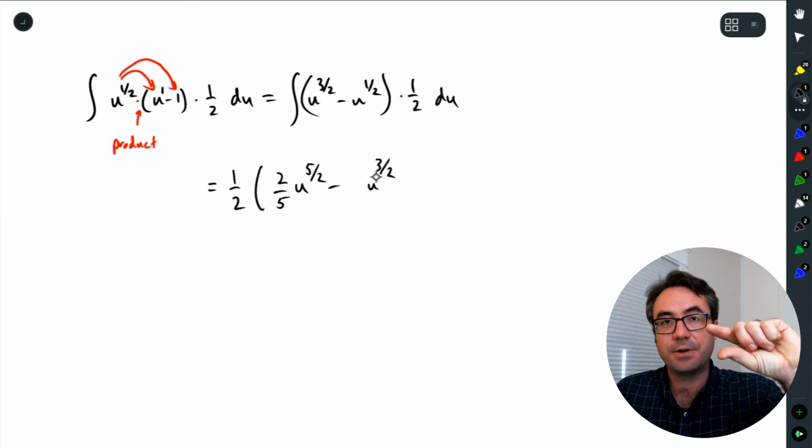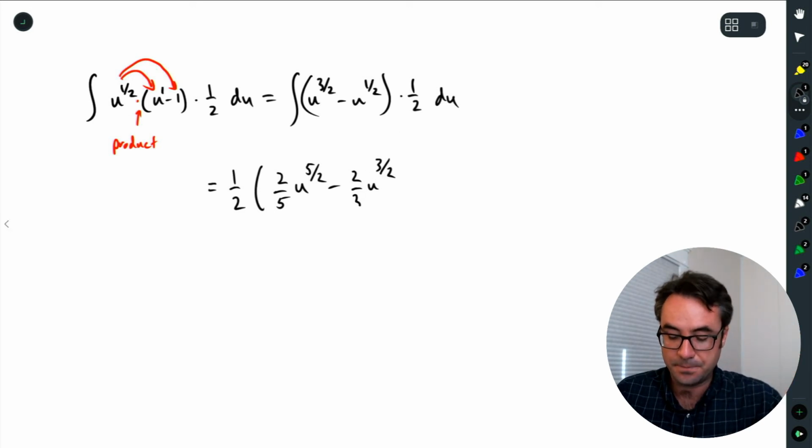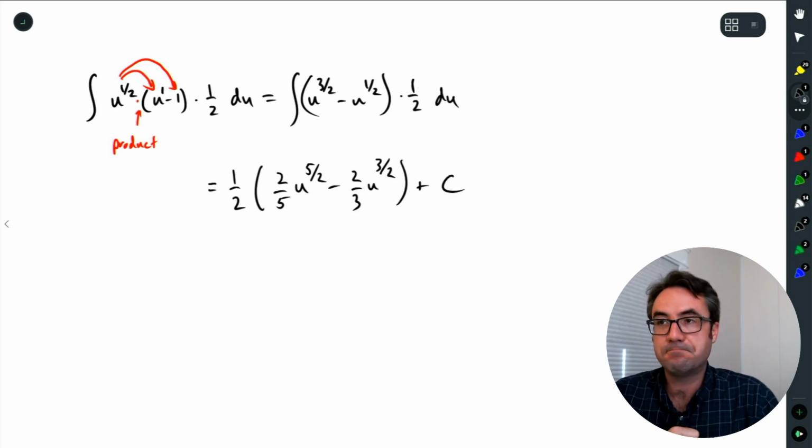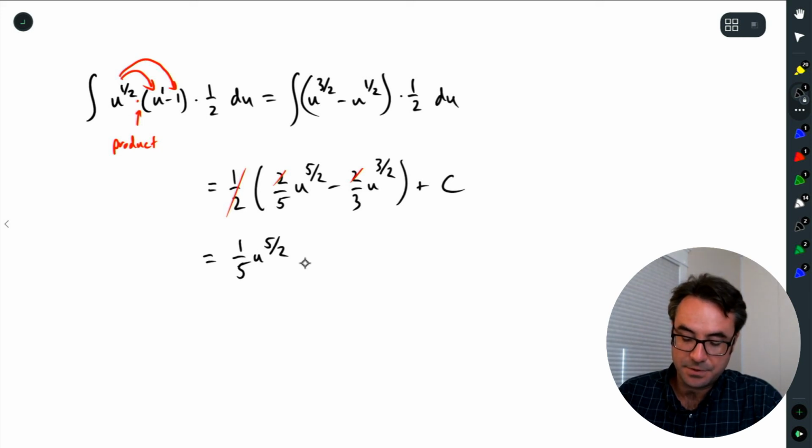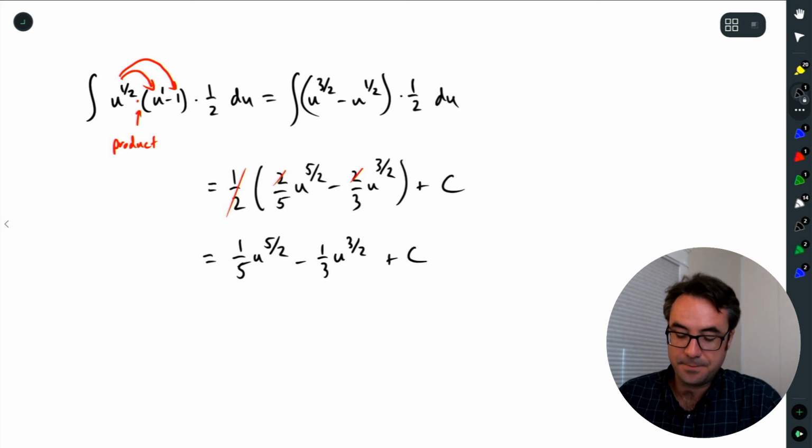Take that new exponent, flip it, put it in front of that u, so 2/3. And then plus c. And then now we can distribute the 1/2, and it's just going to cancel with those 2's. So what we end up with is 1/5 u to the 5/2 minus 1/3 u to the 3/2 plus c.